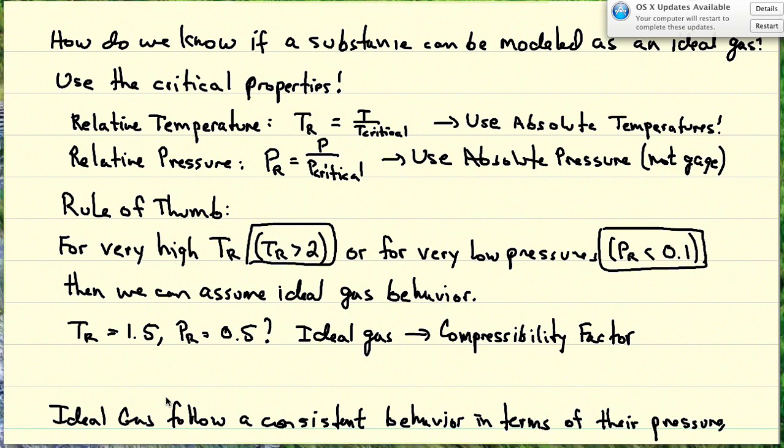T critical and P critical can be found by looking up the table. They can be found in table A1.